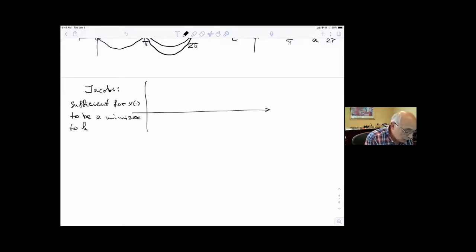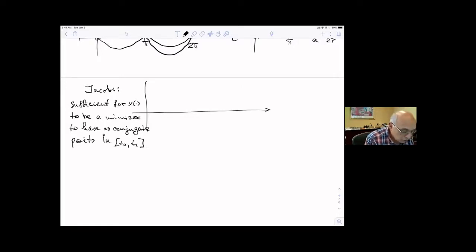I'll say what they are and give an example with a projectile and with a soap film. To have no conjugate points in this interval in question, in the interval from t0 to t1.